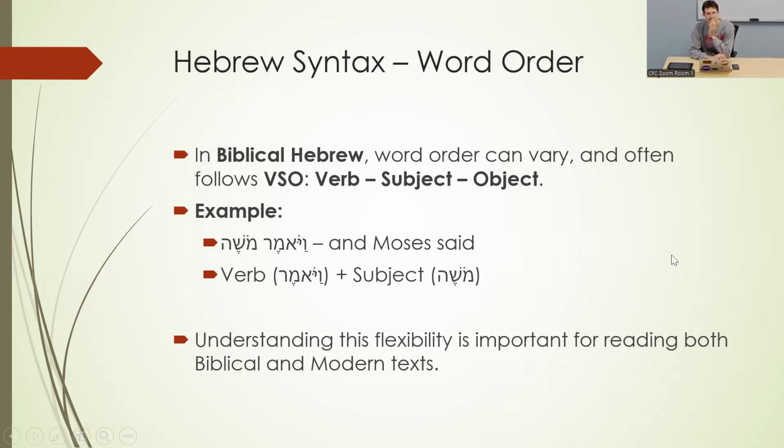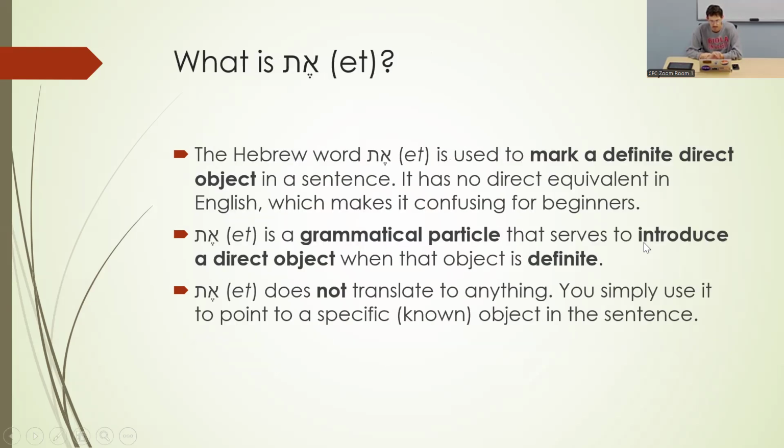So understanding the biblical order is important for reading both biblical and modern text. When you're reading, you're translating it in your head, so when you read Vayomer Moshe it could sound awkward to you, but it's not a mistake. It's just that biblical Hebrew has it. Okay.